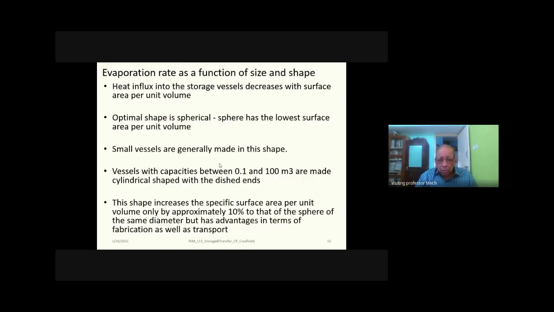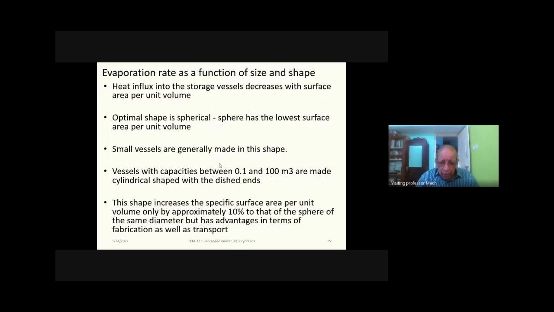But when you go to higher capacity vessels, of the order of 0.1 to 100 meter cube, they are made cylindrical with the ends as dished. It can be either vertical or horizontal, depending on the user's requirement.